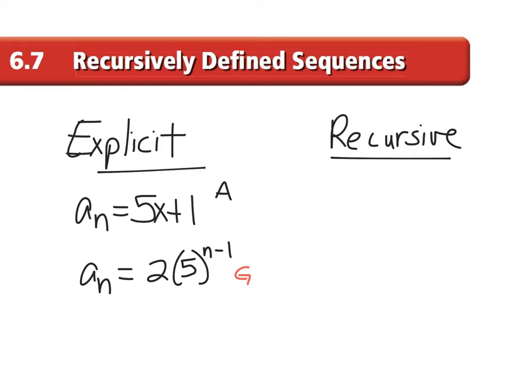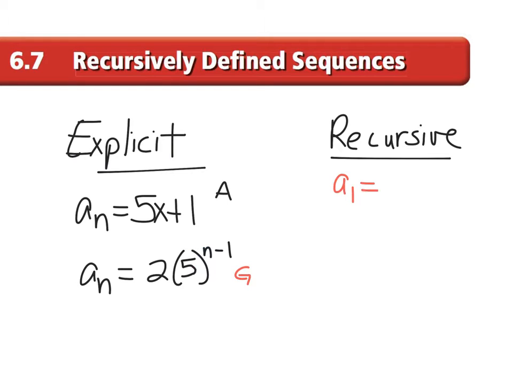Recursive is when you don't write a function based on the nth term of the sequence. What you do is you are given the first term and then how you get to the next term in the sequence. For example, it looks like this.